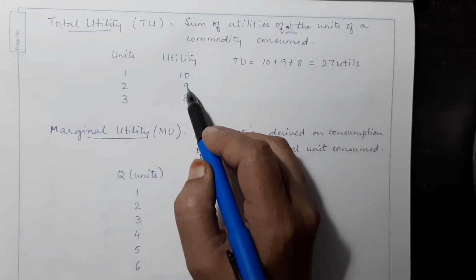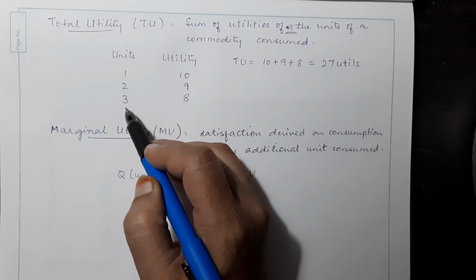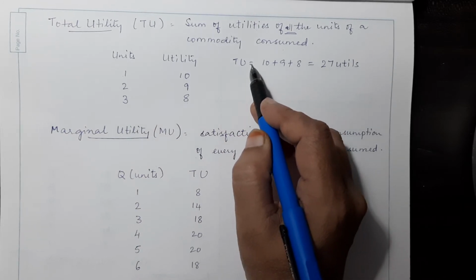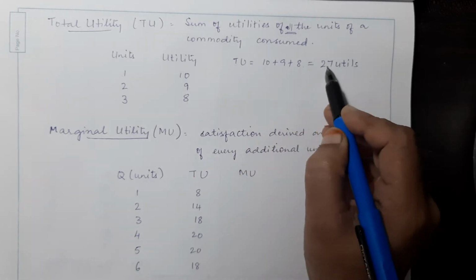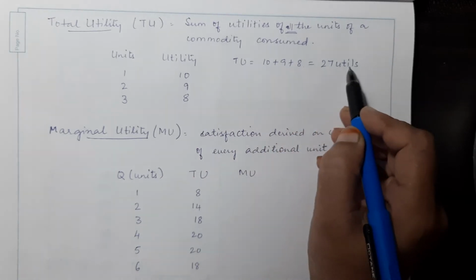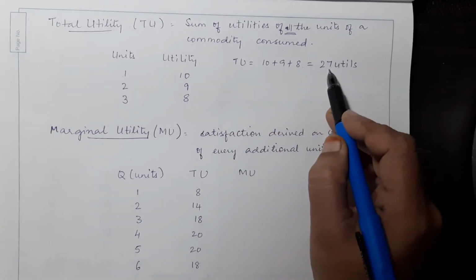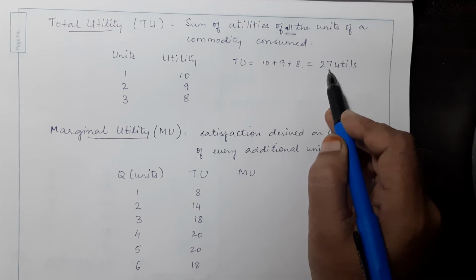That is TU equal to 10 plus 9 plus 8, which is equal to 27 utils. So the total utility that this consumer gains is 27 utils.